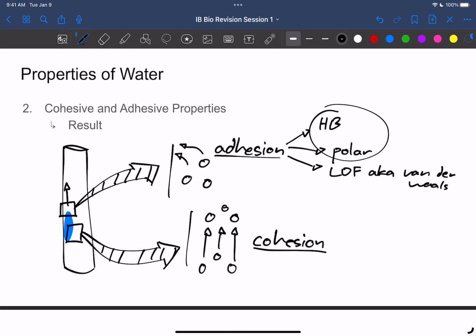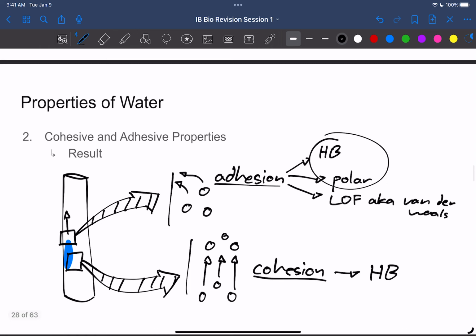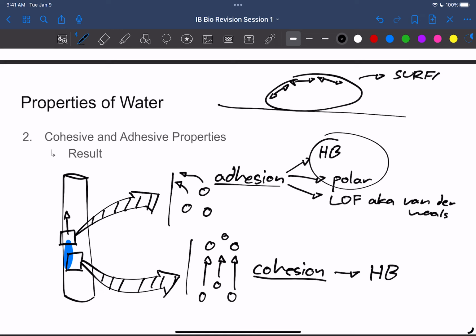And the types of interactions here are hydrogen bonds, which are a type of polar interaction. So capillary action. And this adhesion and cohesion in water, as another example, is why water droplets look like this on a surface. Because water is sticking to itself a lot, and this creates surface tension.